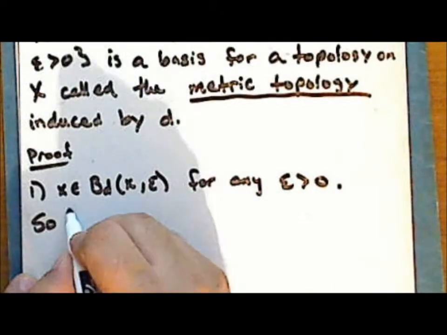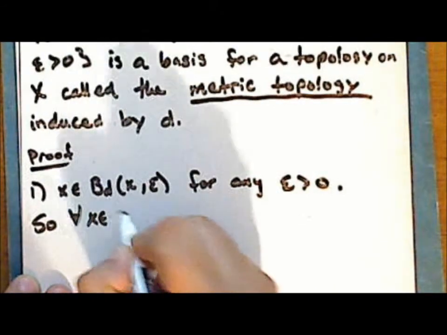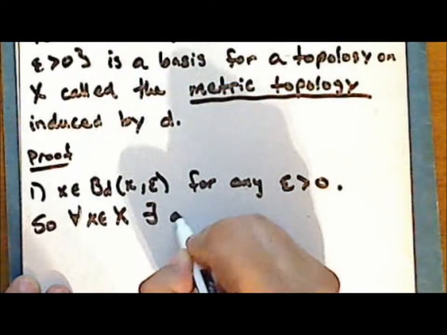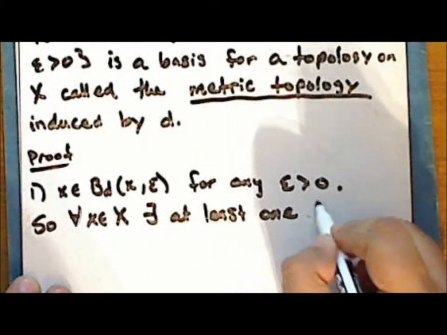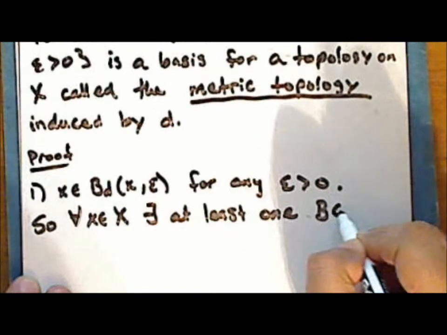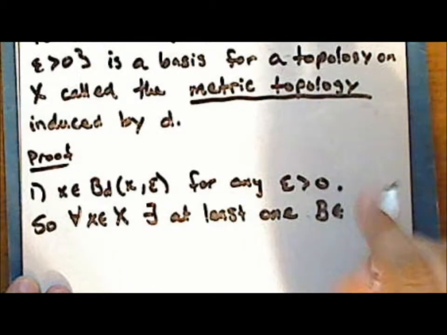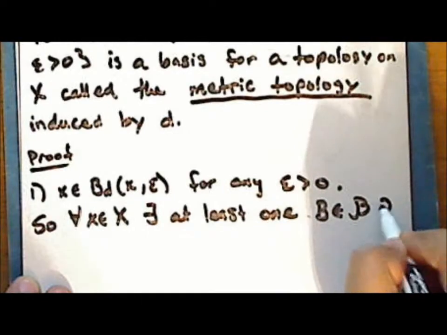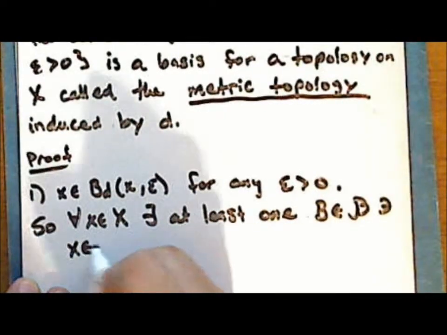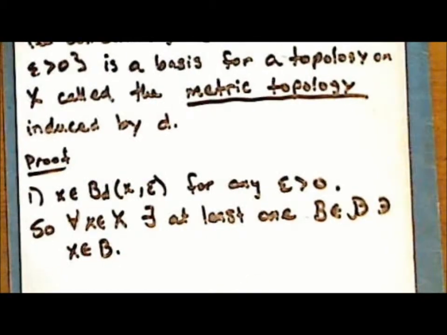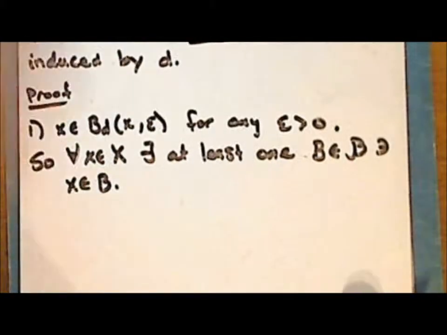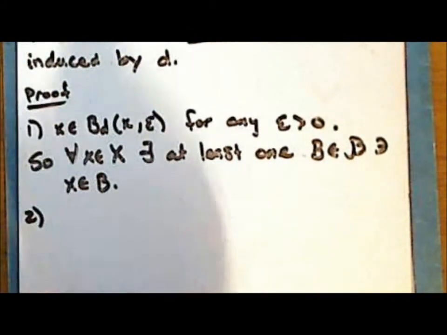So, for every point X in the space X, there exists at least one element B in the collection script B, such that the point X is in that element. So the first condition is satisfied.